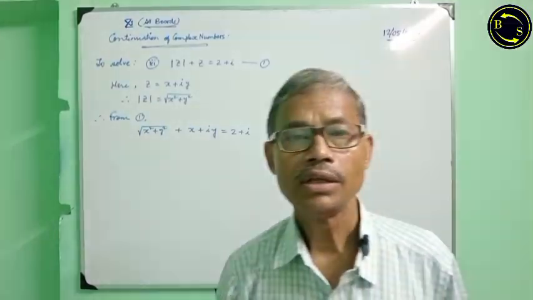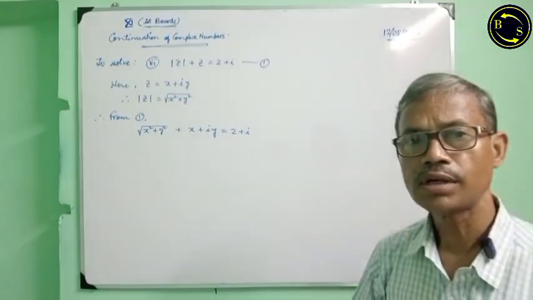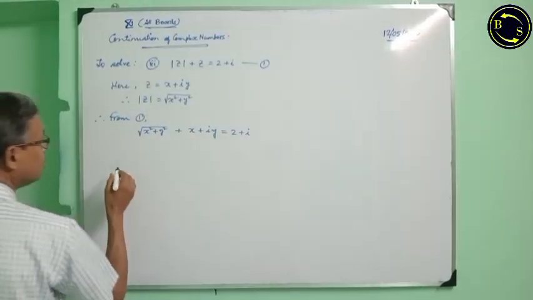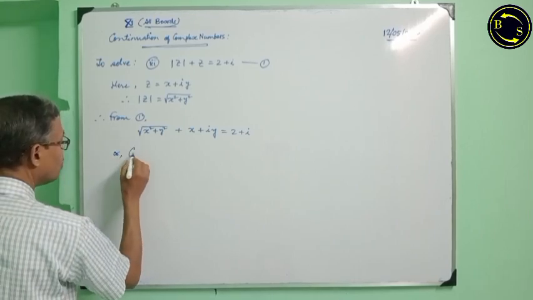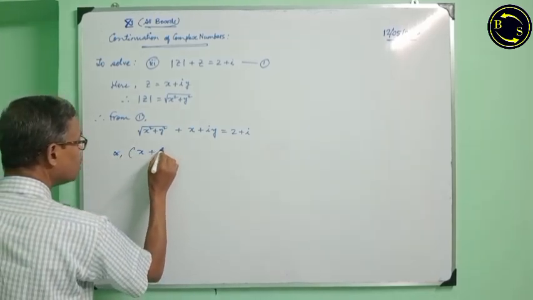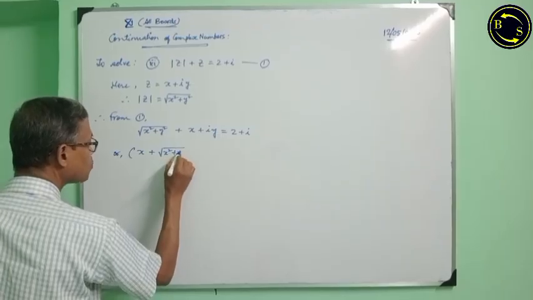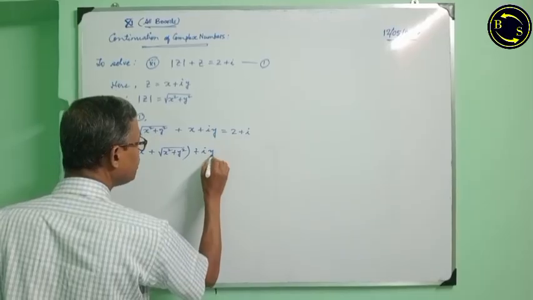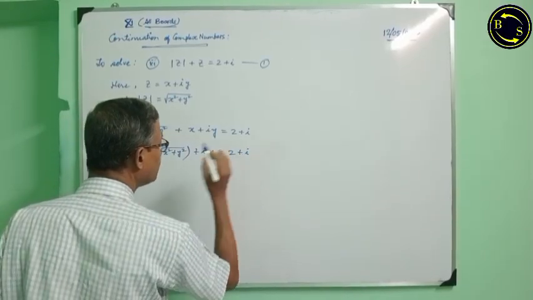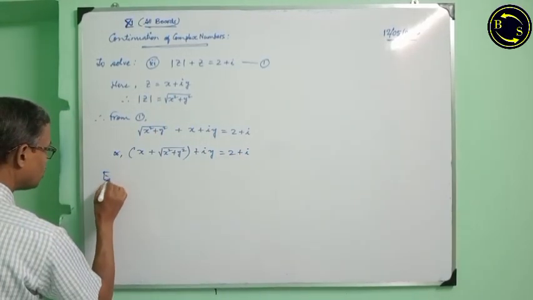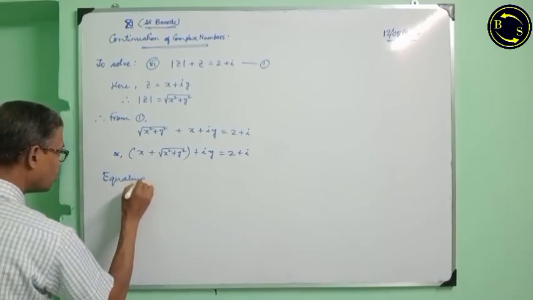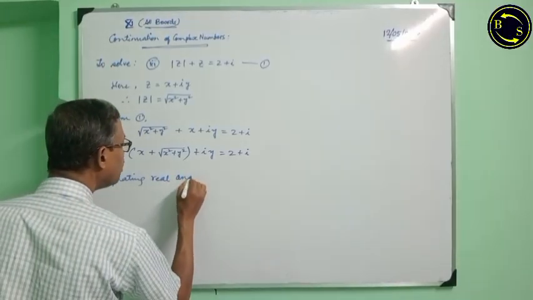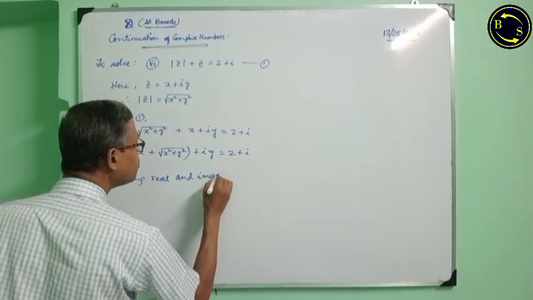Then we shall compare real part equal to real part and imaginary part equal to imaginary part, like this. x plus root of x square plus y square plus iy equals 2 plus i, equating real and imaginary parts.